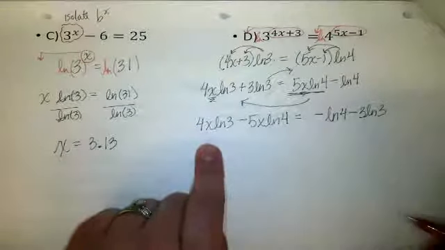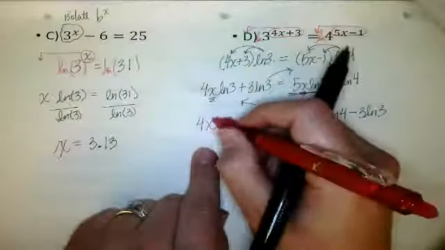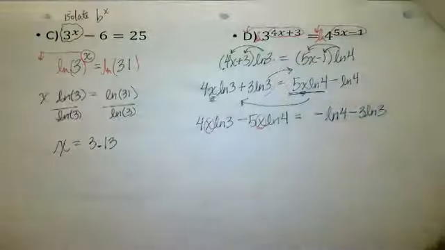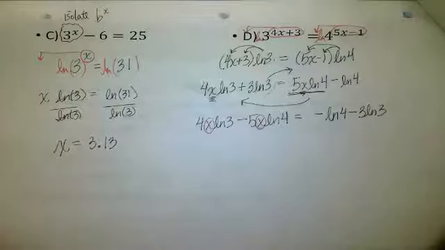What do they have in common? X. Can I take a natural log? No. Remember, natural log of 3 is a number. It's like e to what power gives me 3, so it's like 0.213 or something.